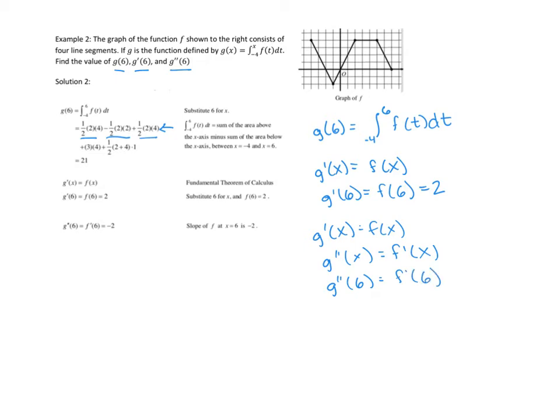Well, at 6, we're looking at this point here, and this is the graph of f of x. So f prime is going to be the slope of this section right here. So for this, f prime of 6, we're thinking slope. The slope of that segment is -2. That's why that turns out to be the answer.